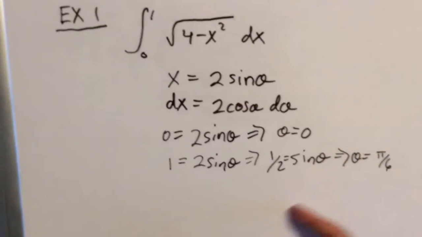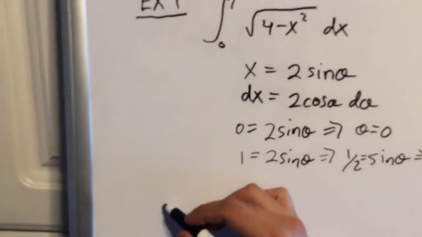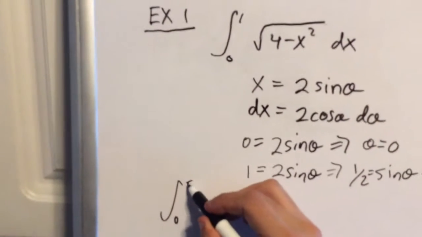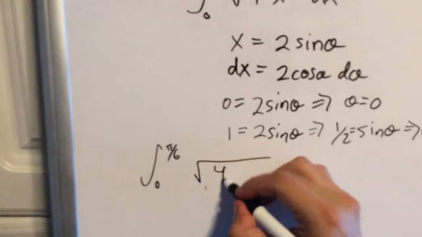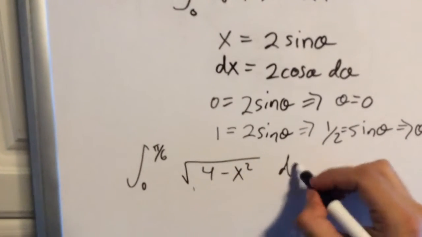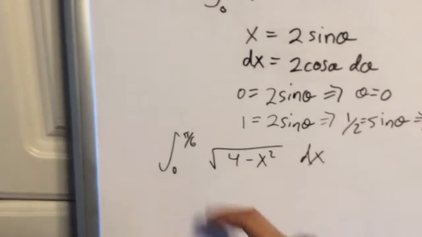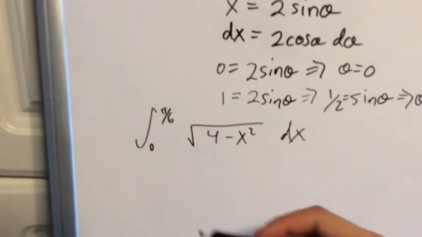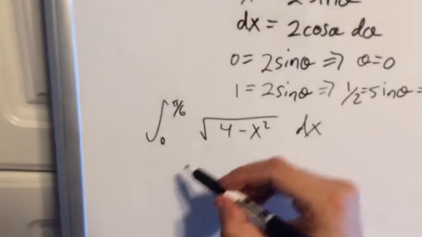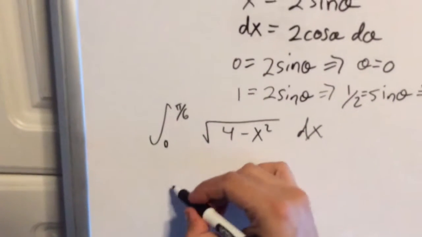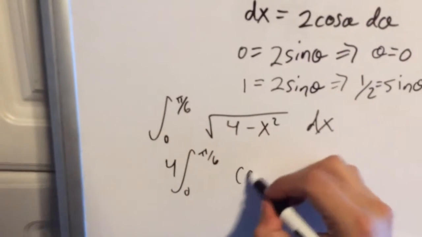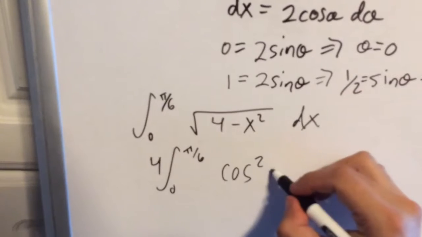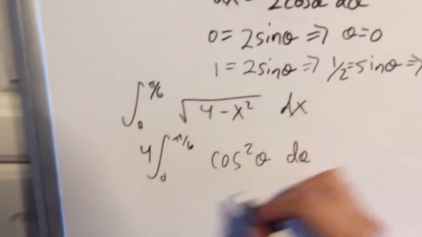So our new bounds of integration are 0 to pi over 6. Since we just worked this out in the previous problem, I'm just going to skip through these steps. So we know that this will just give us 4 cosine squared theta d theta.